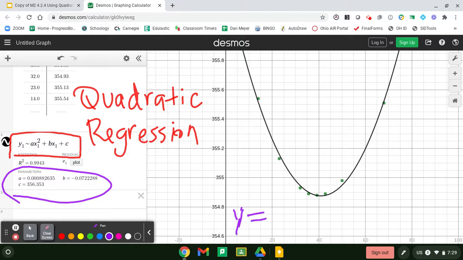Well, A is this crazy number, 0.0009, plus your b, or in this case, since b is negative, negative 0.07x, plus your c. And my c value here is 356.4. I'm running out of room. So that's how you'd write the equation of a parabola when you know it's a quadratic regression.